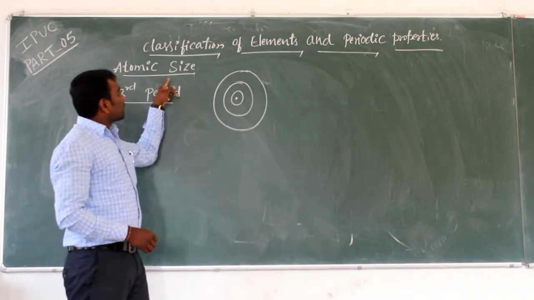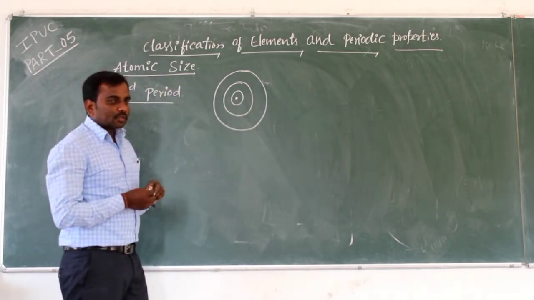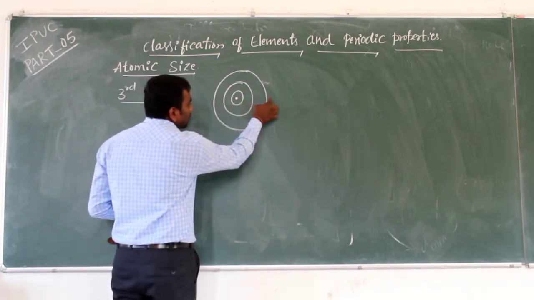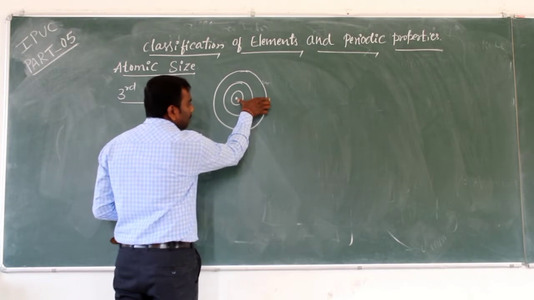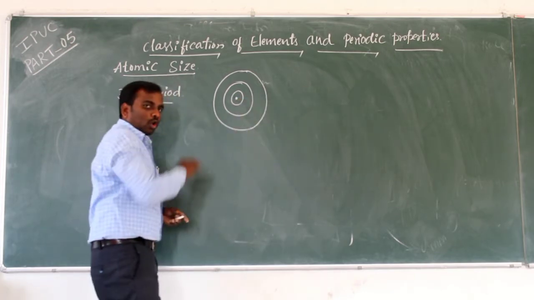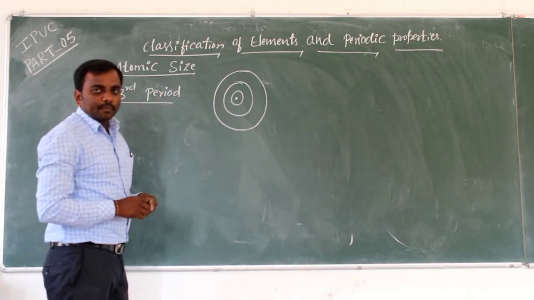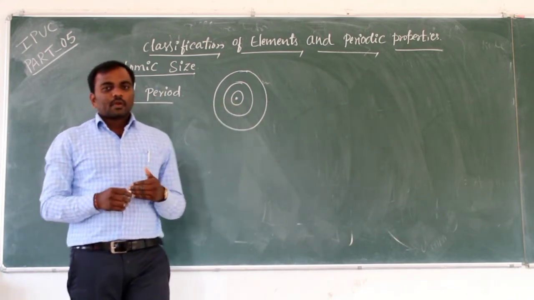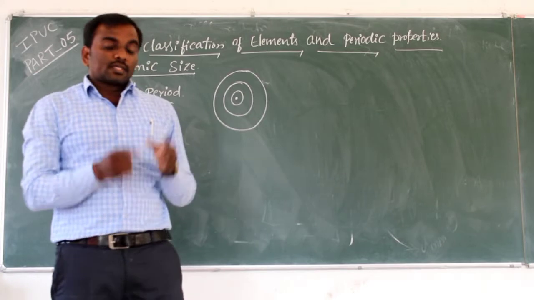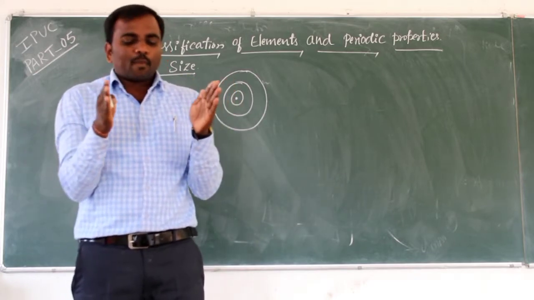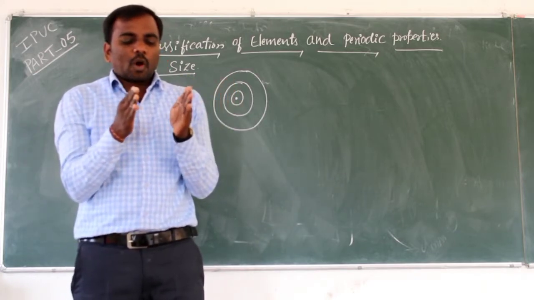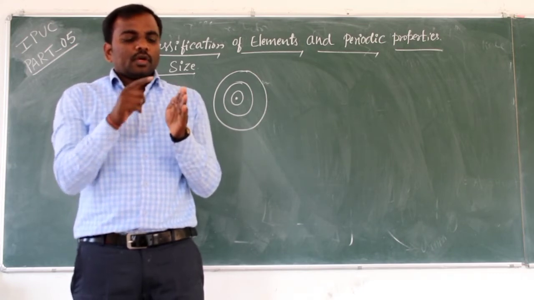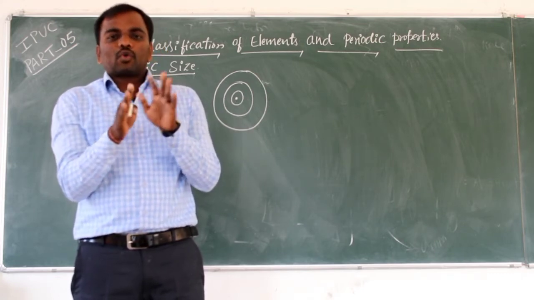See, atomic size or atomic radius, compared from the center of the nucleus. See what happens along the period. We know that when the size is small, the force of attraction between nucleus and electron is more.